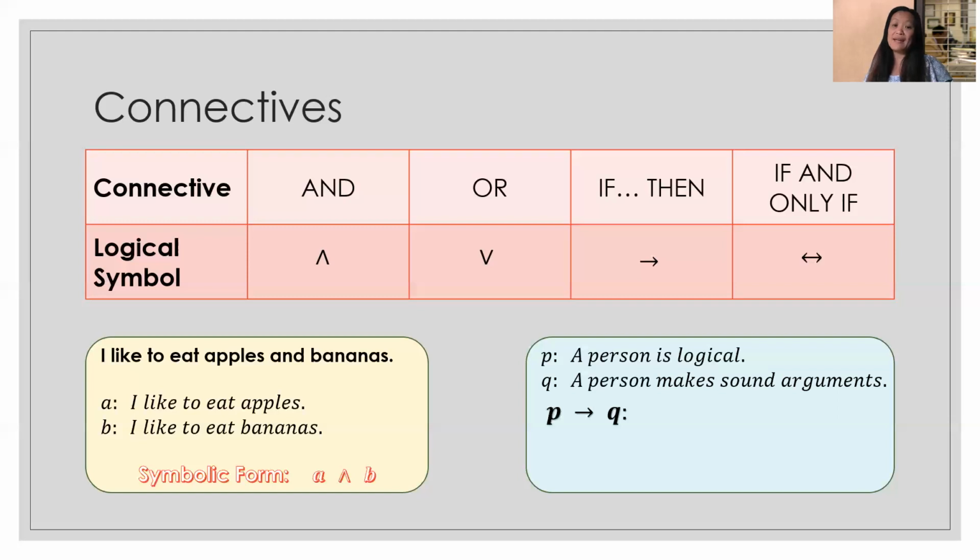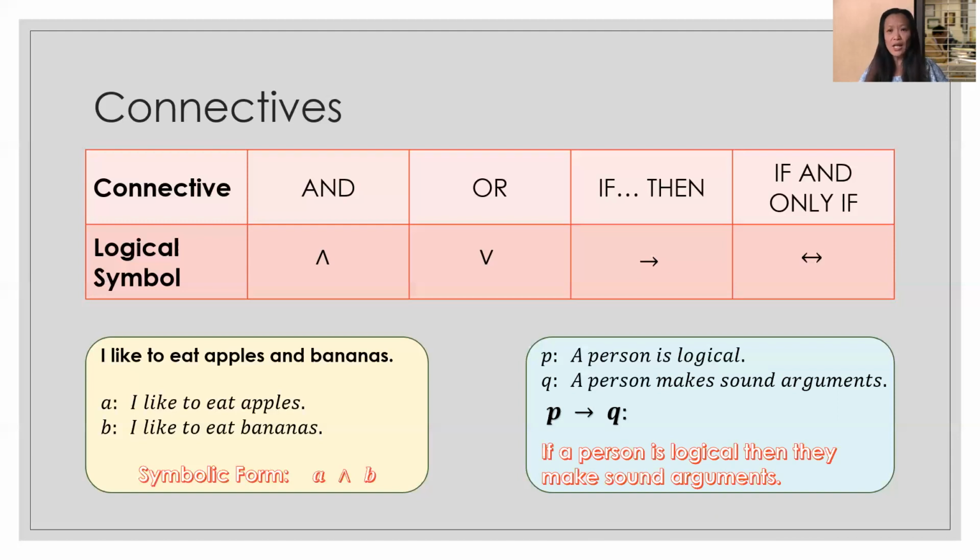We would say, if P, then Q is, if a person is logical, then they make sound arguments. Okay, and that's how you combine simple statements together using logic connectives.